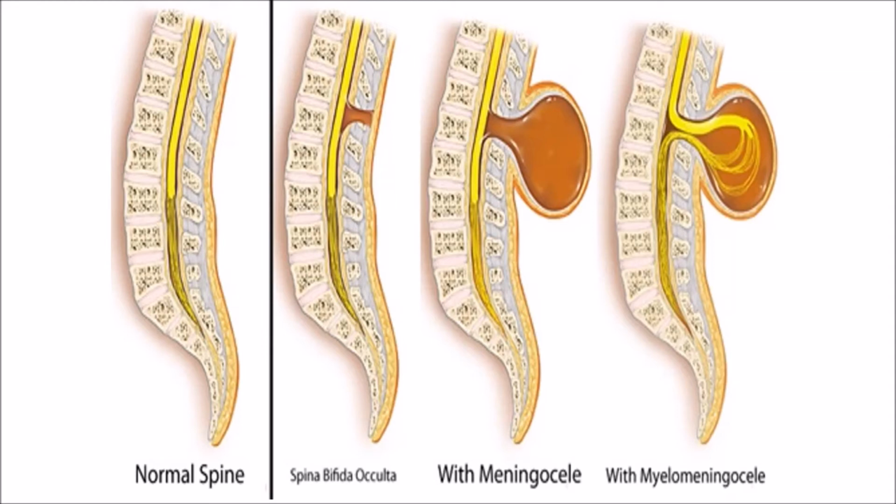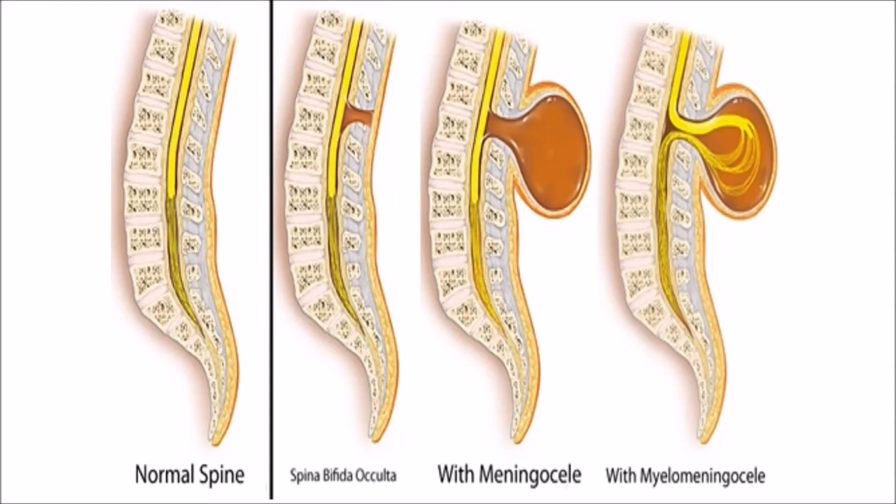In the meningocele, along with the defect of the bony structures, there will be protrusion of the meninges, and the CSF cavity will be formed outside the spinal column. So this is the meningocele, where the meninges will also be protruding out along with the defect.